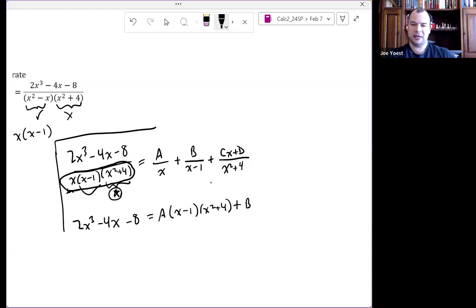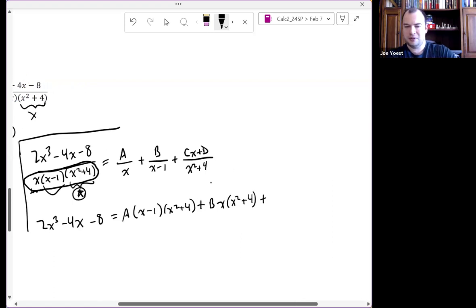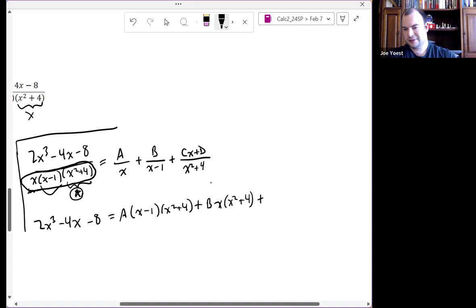For the B term, the x minus 1's divide out, and I get 1 of each of the other factors. For Cx plus D, my quadratic piece divides out, but I get x times (x minus 1).